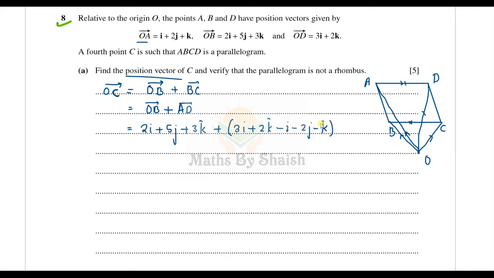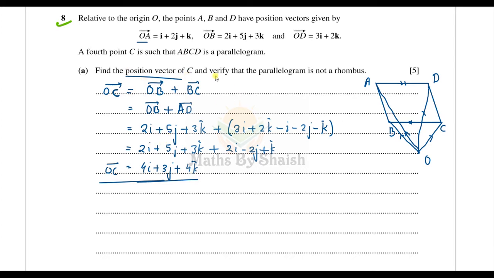I have subtracted the position vector of A from the position vector of D. So we'll simplify one more time. 2i cap plus 5j cap plus 3k cap, plus 2i cap minus 2j cap plus k cap, and hence it can be written as 4i cap plus 3j cap and 4k cap. So this is the position vector of C.